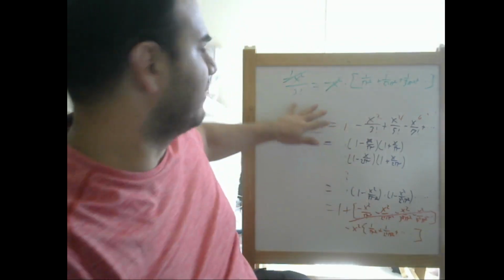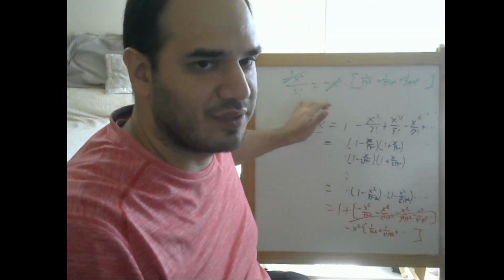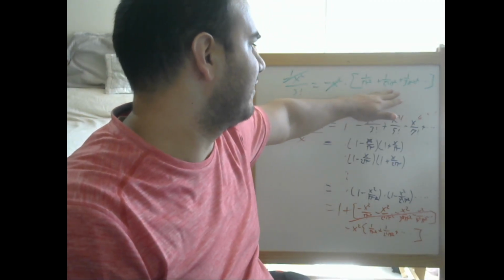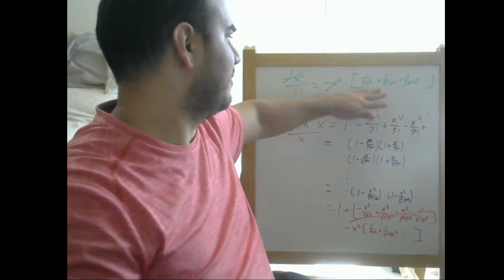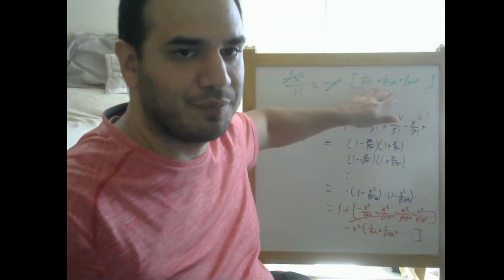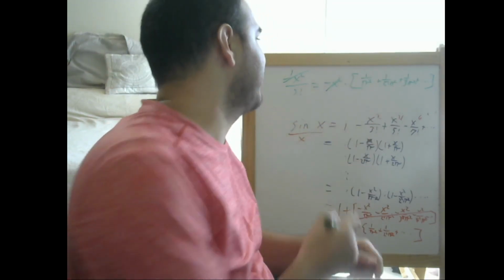Comes a 1. So over here we have 1 over 3 factorial, or 1 over 6. And over here we have, well, really we could simplify this if we pulled pi squared out, right? If we just factor that out.